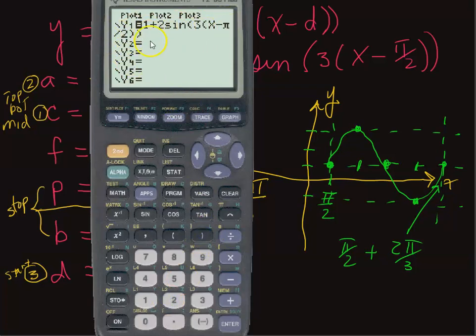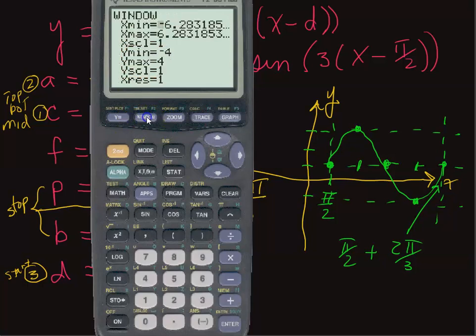That's the original. The window, we're going to use the window we made here. What's the x min? Well, that's pi over 2, this line right here. Pi divided by 2. What is x max? That's over here at pi over 2 plus 2 pi over 3.